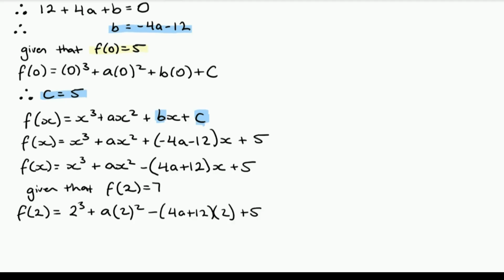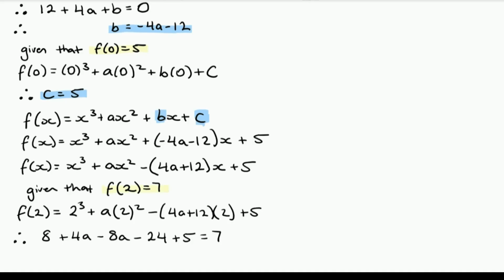And we know that this is equal to 7. So therefore I know that 2 cubed is 8 plus 4a. Now 2 times 4a is 8a, so take 8a. And then 2 times 12 is 24, so take 24 plus 5 is equal to 7, as we have been given from here.